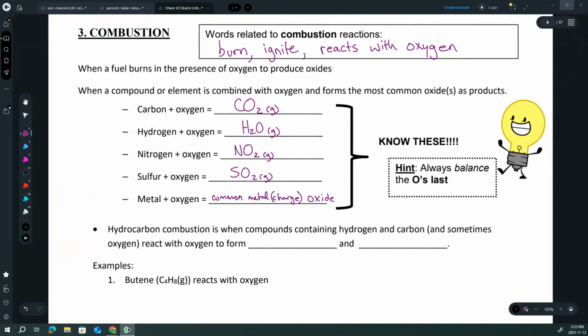All of these are going to be important, so make sure you are aware of them. Over to the right here, there's a little tip with balancing combustion reactions, which is always to leave oxygens to the very end to balance them.